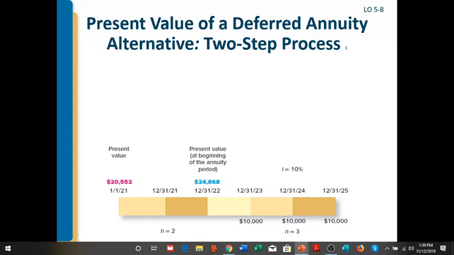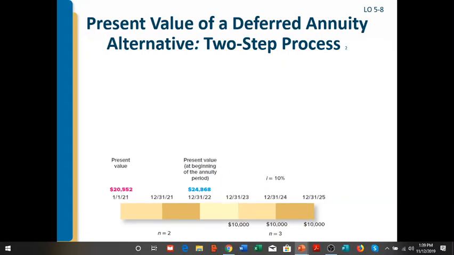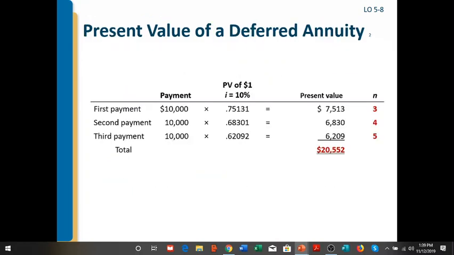You would go to the 10% column and go down to periods 3, 4, and 5, and you would simply multiply 10,000 times 0.75131 for year 3, 0.68301 for period 4, times 10,000, and then for period 5, 0.62092 times 10,000, and sum up those figures like they've done right here.